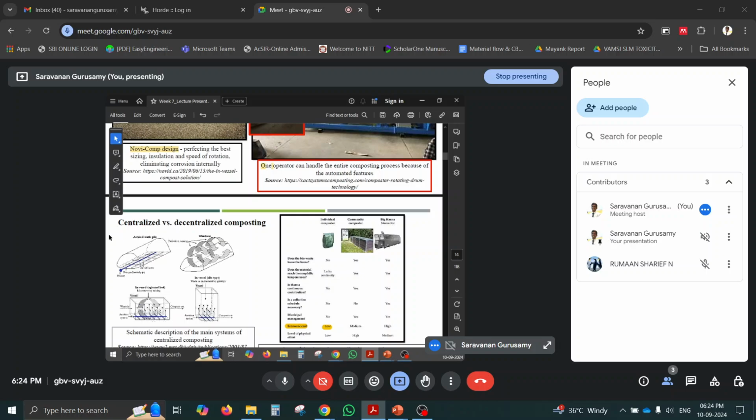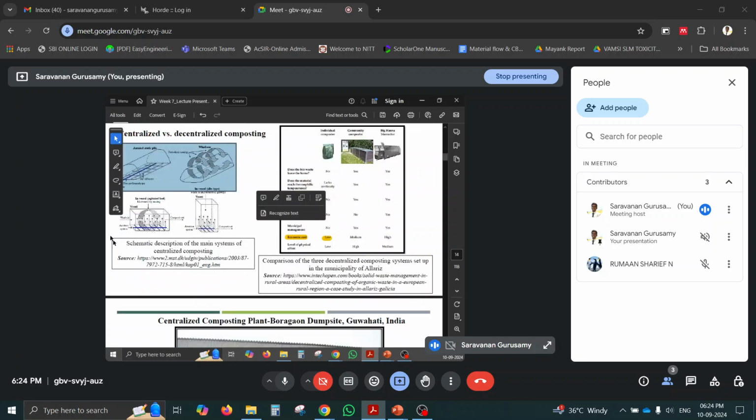In the same open system, we have aerated pile, that is static pile, and windrow or agitated pile. But in an in-vessel system, it may be horizontal flow or vertical flow, and the air flow direction will be opposite to the feed direction.